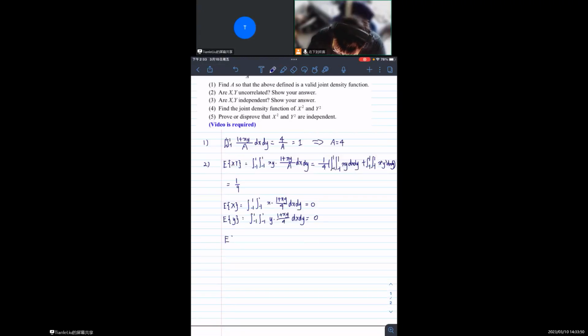So with this, we have an inequality like this, which leads to the result that X and Y are not uncorrelated.